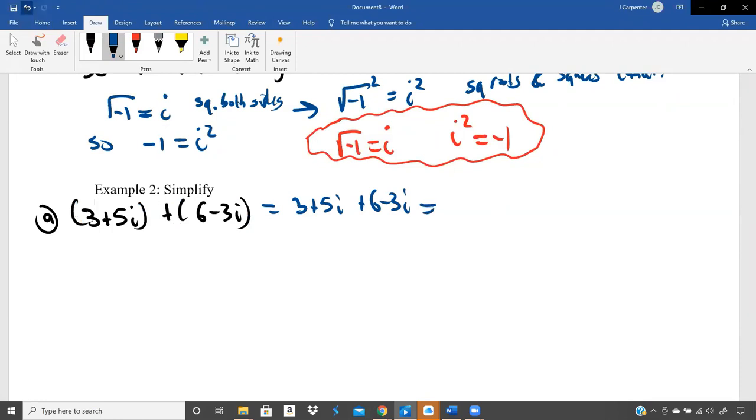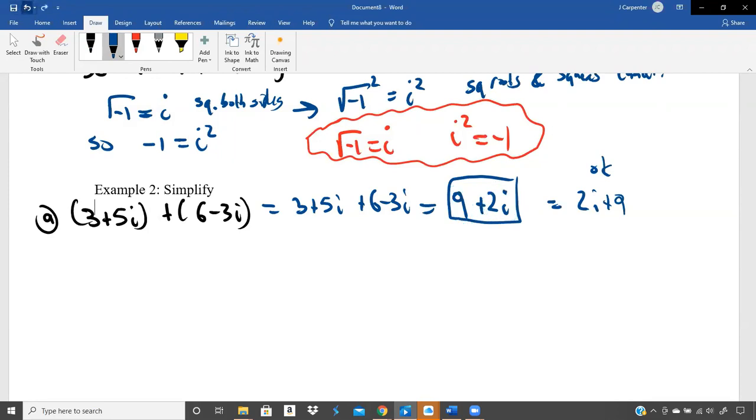All right, so what do we do? This is just combining like terms. You're just pretending these i's are x's. 3 plus 6, those are like terms, that's a 9. 5i minus 3i, well 5 minus 3 is 2. You just leave the i there, so that's a plus 2i. That's the answer. Yes, it is okay to write 2i plus 9. This is okay, but in the complex number system, we usually like the real part first, then the imaginary part second.